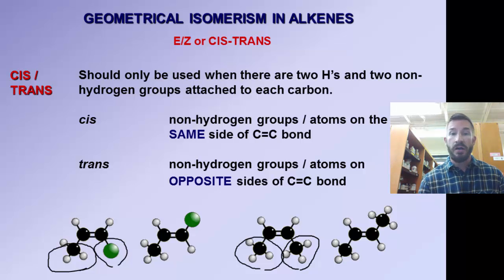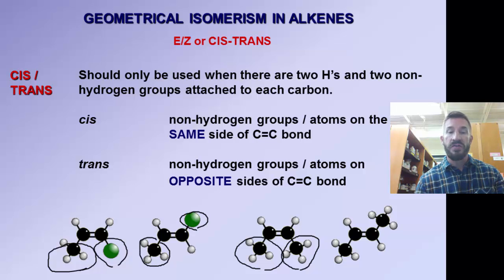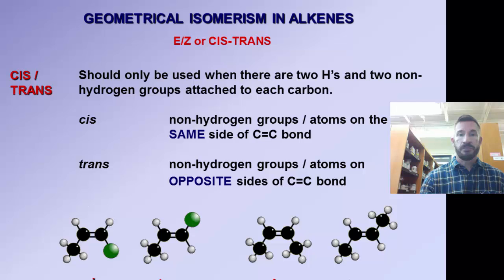Non-hydrogen groups are on the same sides of the atoms. The trans would be when they're on opposite sides, so the non-hydrogen groups would be the methyl here and the chlorine here. So this would be a trans, and also this would be a trans, because for this one we have methyls on the opposite sides. So we have two cis molecules and two trans molecules.